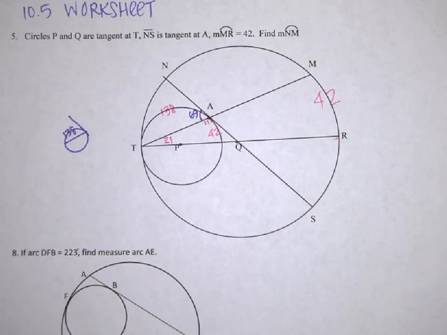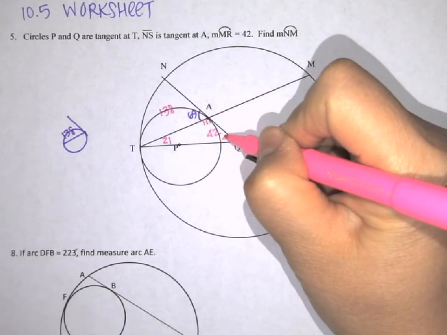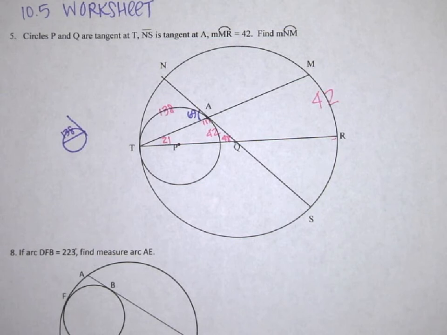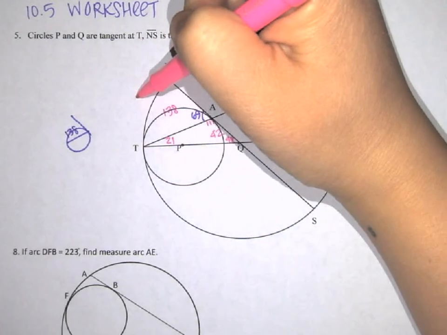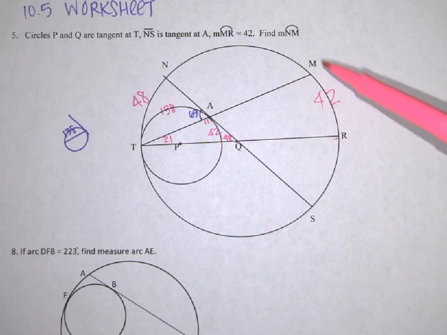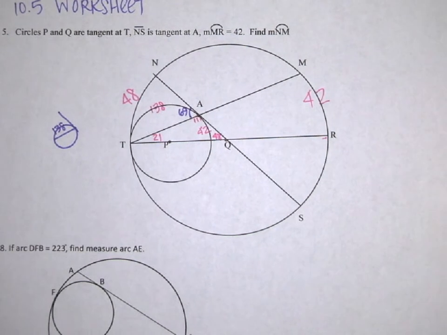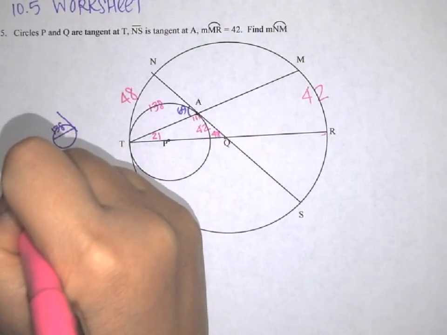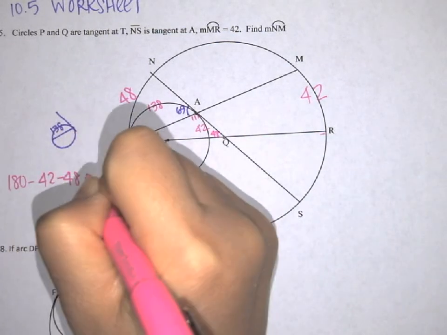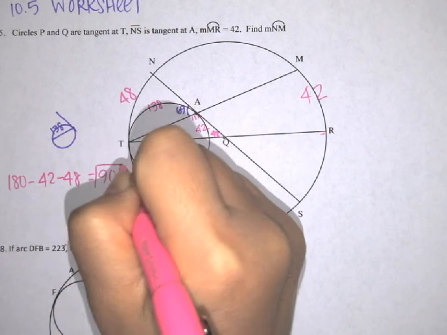They're supplementary, makes this angle 48. I'm sorry, that's really small. So that's 48. 48 is a central angle, so that makes this arc 48. And now NM is the rest of that semicircle, so we could do 180 minus 42 minus 48 and get 90.